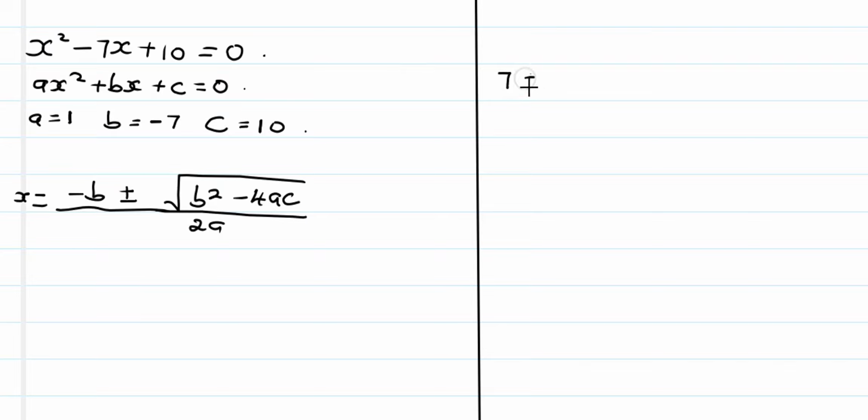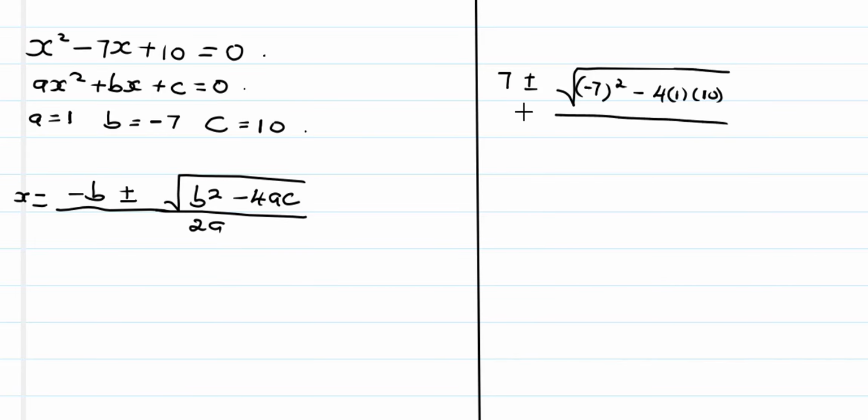Then plus or minus the square root of b squared, but now we know b is negative 7, so I can say negative 7 squared, then minus 4 into a, which is 1, then into c, which is 10. Then all of this is divided by 2 multiplied by a, which is 1.